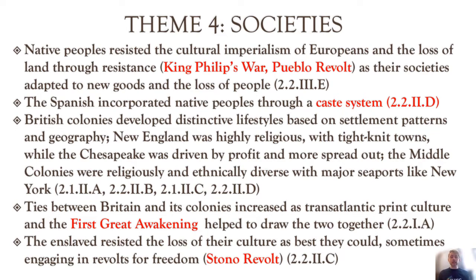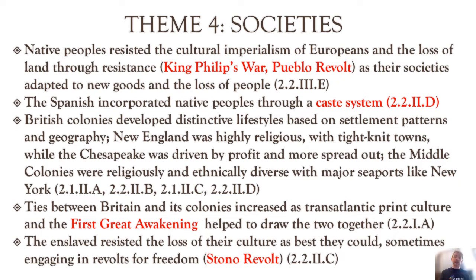The British colonies, in terms of their social development, really depend on geography and economics. And that shapes a lot of how they socially develop. New England is settled by highly religious people who live in tight-knit towns as family groups.